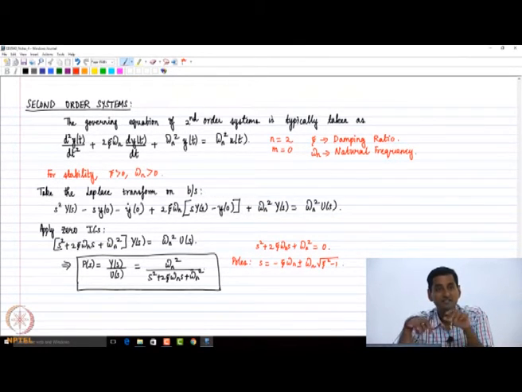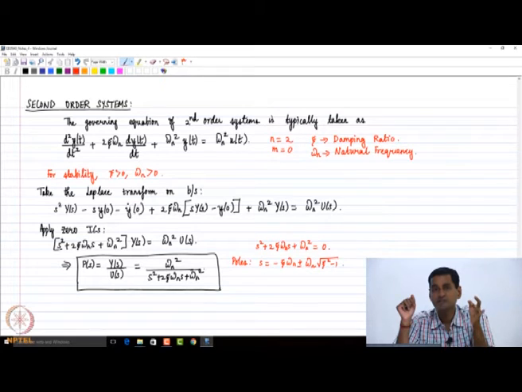If zeta is exactly equal to 1, we have repeated poles at minus omega n. If zeta is greater than 1, we have 2 distinct real poles on the negative real axis. Those are the 3 cases we will look at.